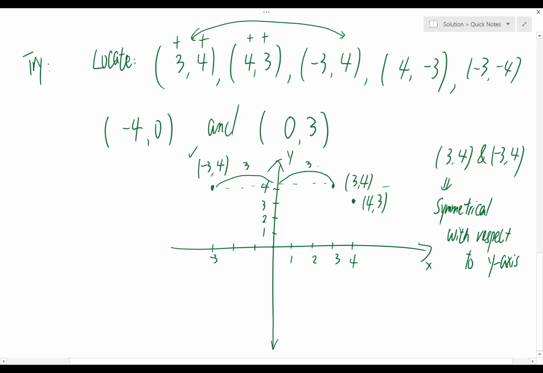So it's something to think about. Now let's take a look at the other ordered pair, 4, negative 3. So the x value equals 4, and the y value equals negative 3. So it's right here. Now I want you to pay attention to 4, negative 3. What do you notice about these two ordered pairs? Anything special about those two?